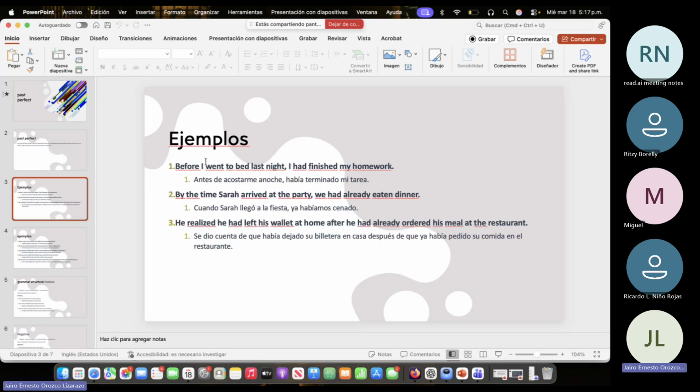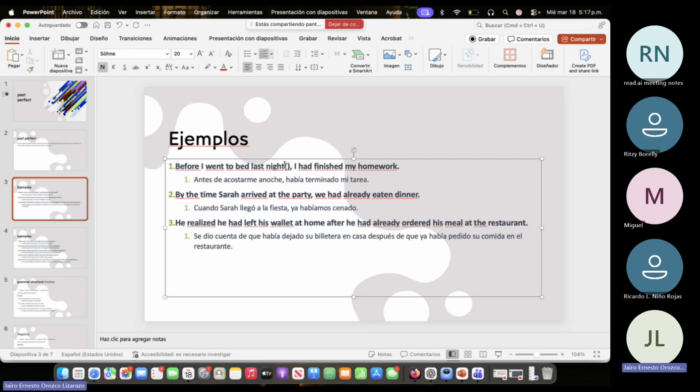So for example, before I went to bed last night, this is in past simple. Before I went to bed last night, I had finished my work. This is past perfect. So that is the difference between the two, right?